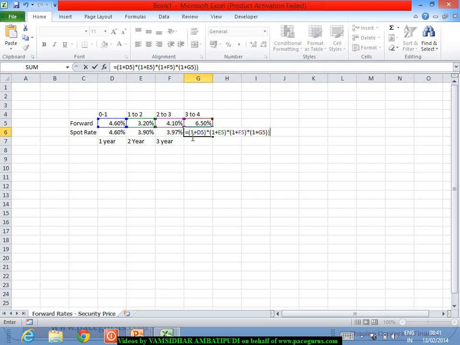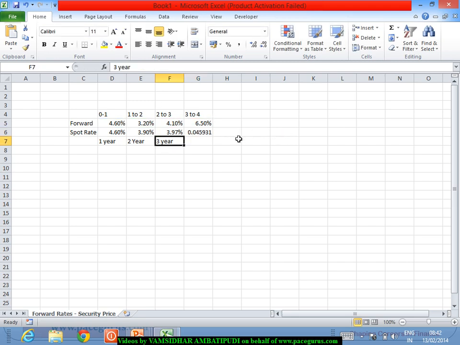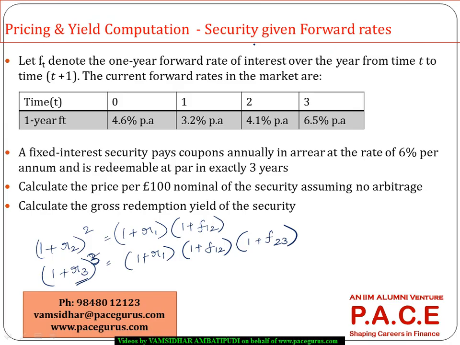This entire thing I raise to the power of 1 by 4 this time, minus 1, making it almost 4.6%, 4.59% as the 4-year spot rate. So from the forward rates, I can compute the spot rates.